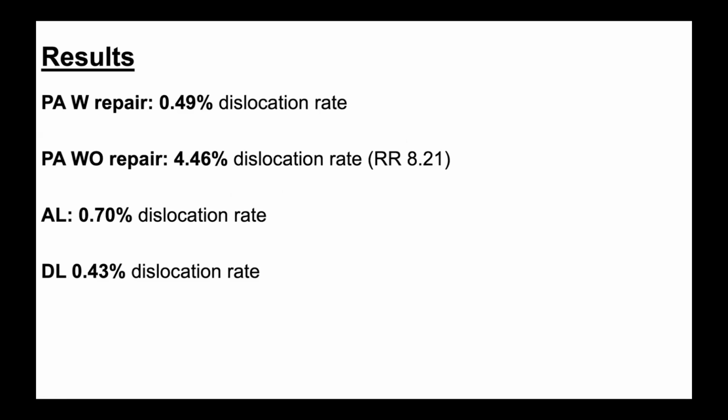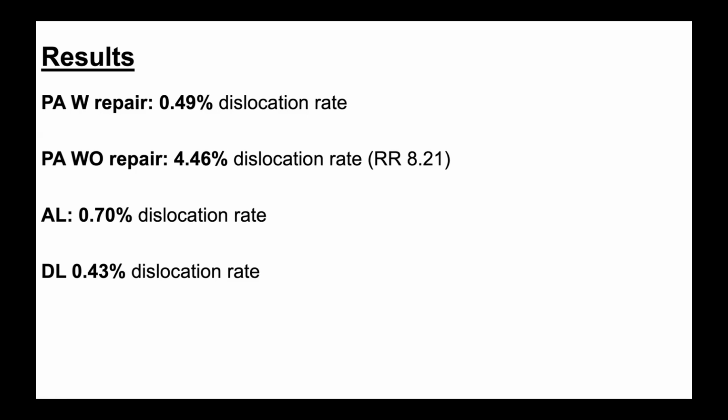Looking at the results, when you have a posterior approach THA with repair of the capsule, you have roughly a 0.49% dislocation rate. With a posterior approach without a repair, it has a higher dislocation rate at 4.46%.